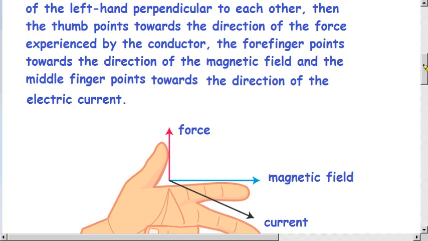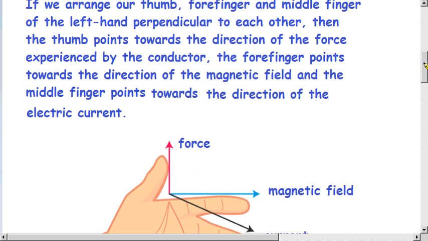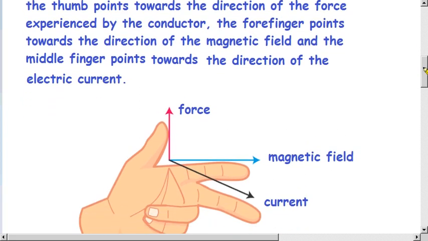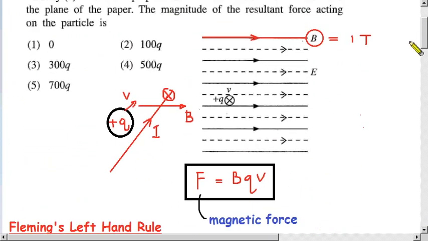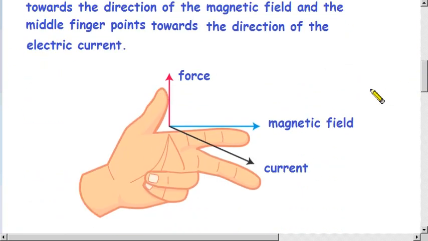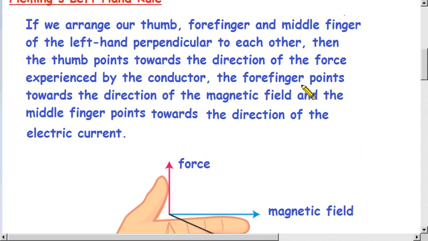First of all, normally this field intensity, the flux density is given. So first of all you have to direct your forefinger towards the direction of the magnetic field. So this one should come first.